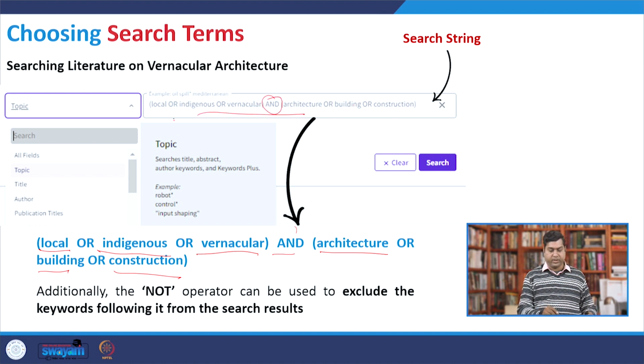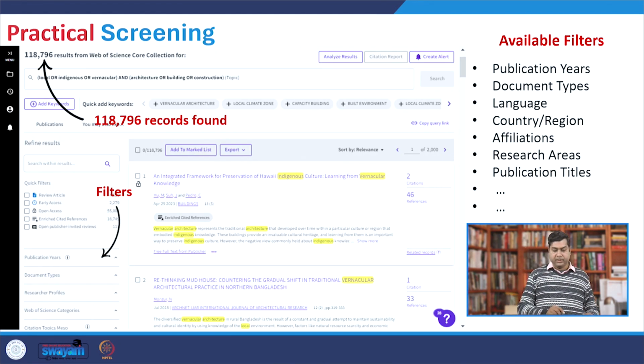These are some of the operators that are very useful, and as I already mentioned, you can add not, which excludes a keyword. If a paper has, say, local architecture and another term which you want to omit, you can put not on that term and search. And then you can see that it is showing you 1,18,796 records. So, definitely it is a huge thing.